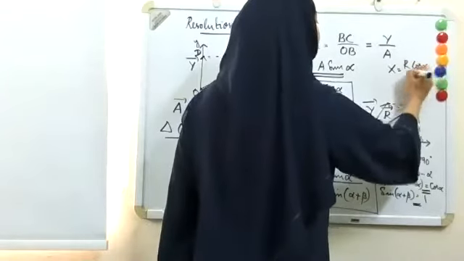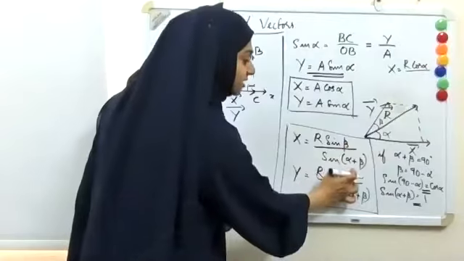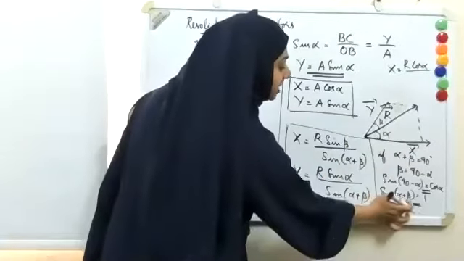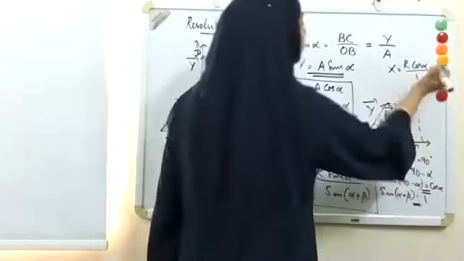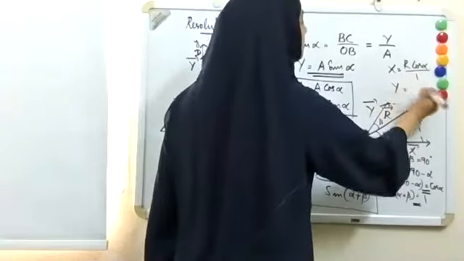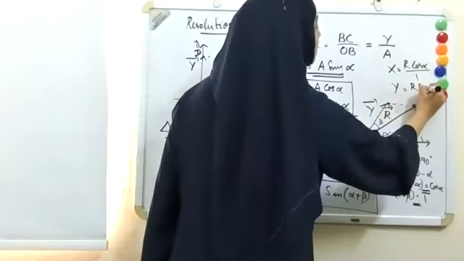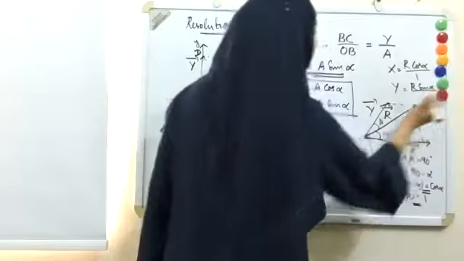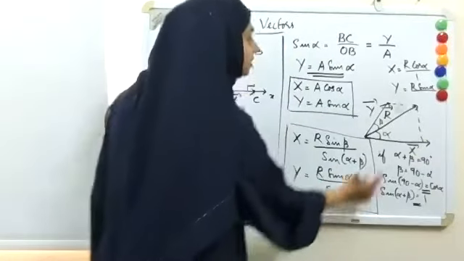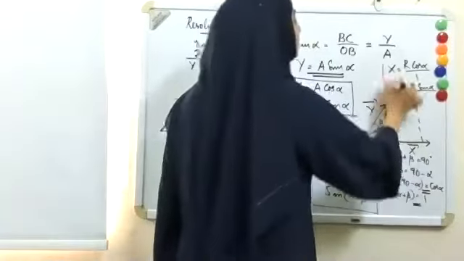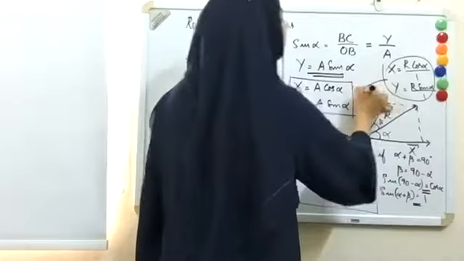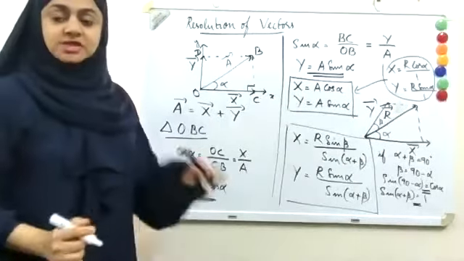So r cos alpha divided by sine of alpha plus beta, that is sine 90, which is 1. And y is equal to r sine alpha divided by sine of alpha plus beta, which is 1. See, it turns into this equation. Did you get it?